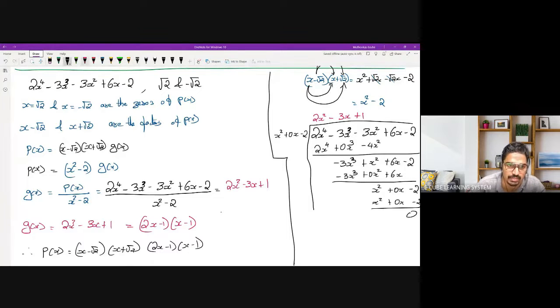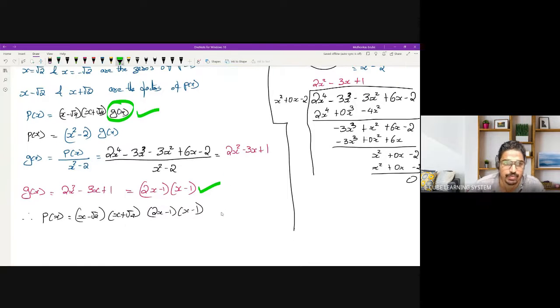Instead of this, for g of x we can substitute 2x minus 1 into x minus 1, without using the first equation. So from that, we can find the zeros. The zeros already given are minus root 2 and plus root 2, so it is enough to find the new zeros.